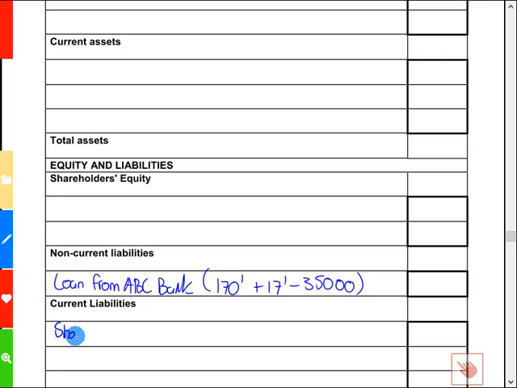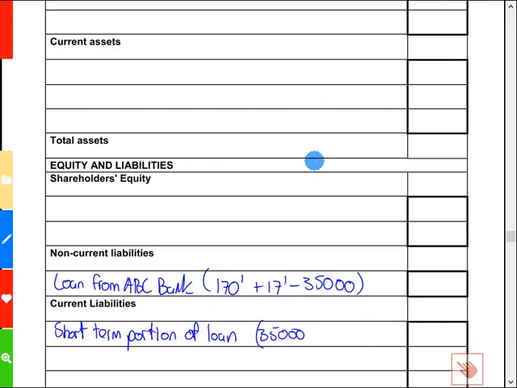We're going to write here: short-term portion of the loan, 35,000 Rand. Now that we've got that, that is our loan.